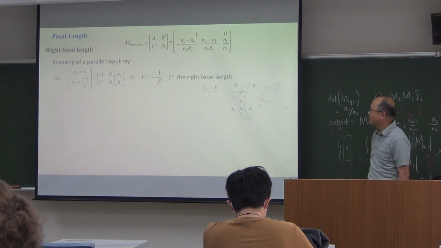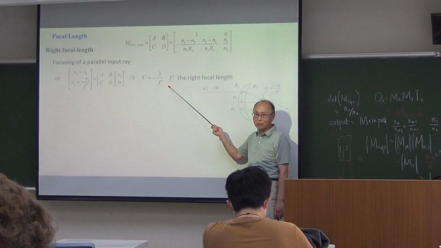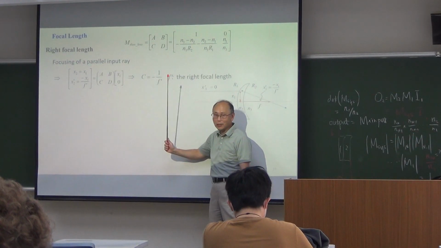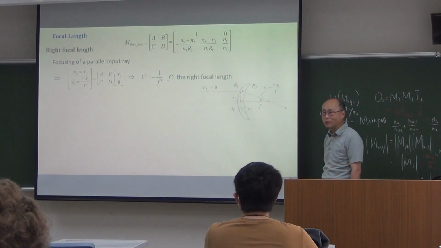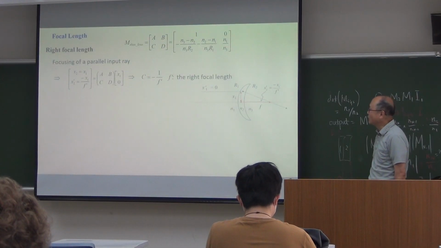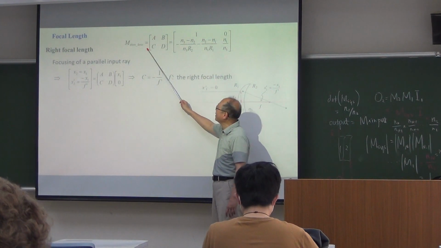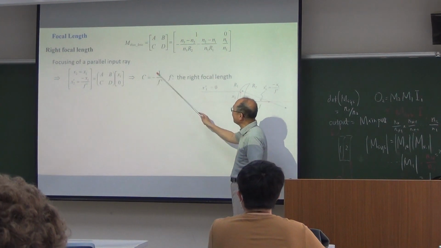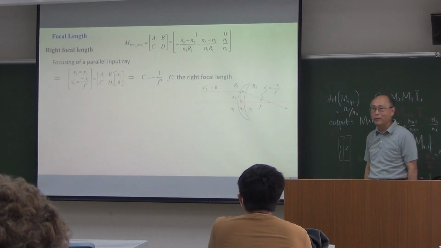Okay, so this is the first thing you learn from the ABCD matrix about the physical meaning of the individual elements. Later we're going to look into other things, A, B, D, and so on. Is there any question about this? So in the future, when you have an A, B, C, D for your optical system, you can just write C equal to minus 1 over F prime.